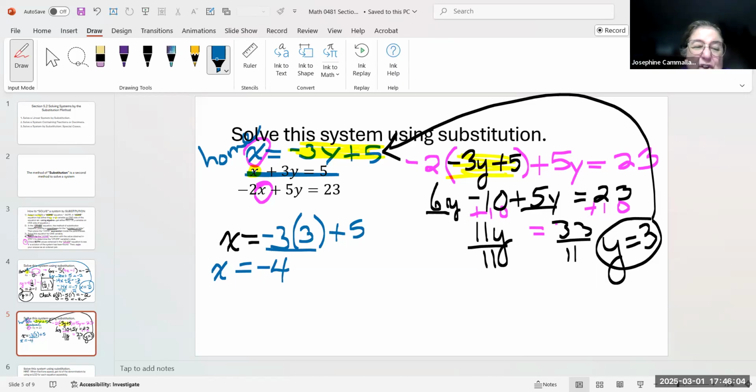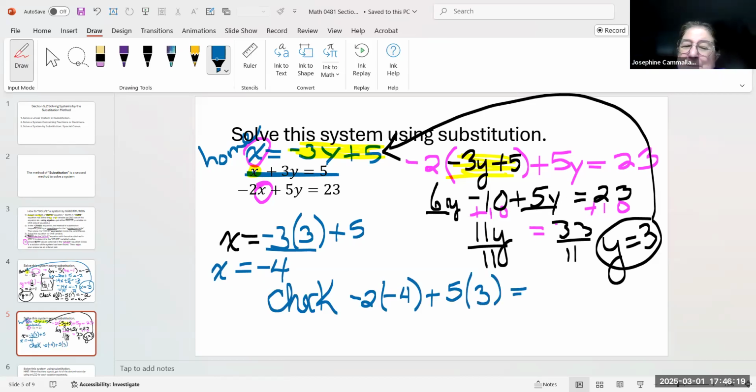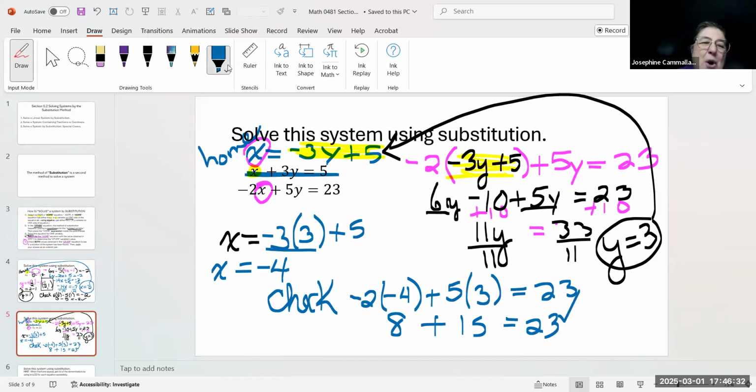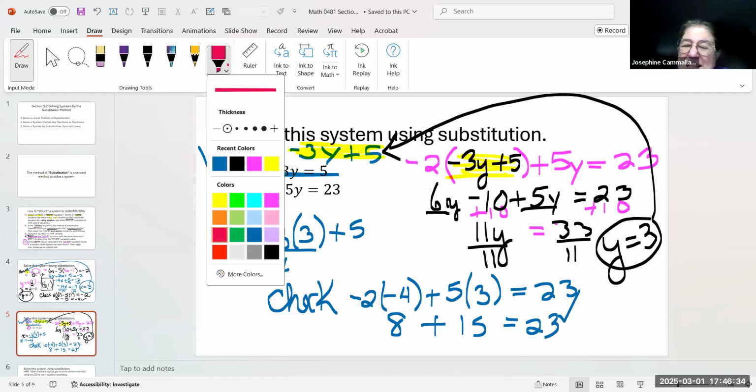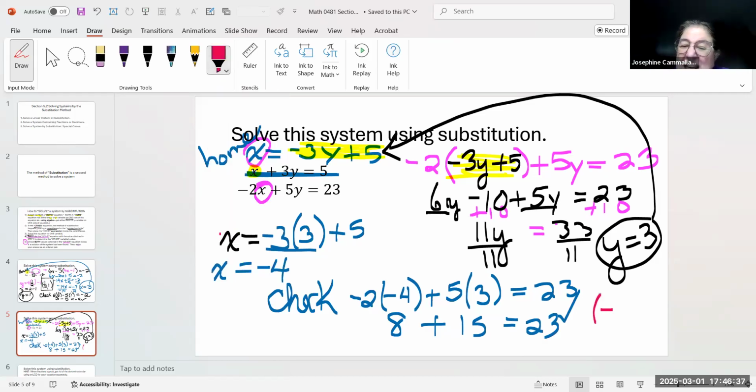Well, again, this is your choice. We're going to check it. Negative 2 times negative 4 plus 5 times 3 had better give me 23. 8 plus 15 gives me 23, which means my answer is negative 4, 3.